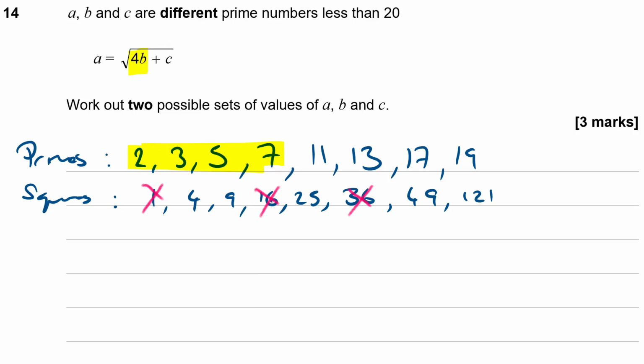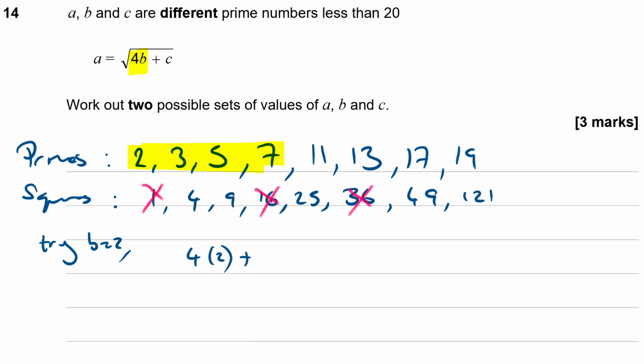Okay, so let's try a small value of b to start with. Let's try b is 2. So 4 lots of 2 is 8. Now can we pick another prime number to add to 8 in order to get one of our squares? Okay, so let's go through. 8 plus 3 would be 11. No. 8 plus 5 would be 13.